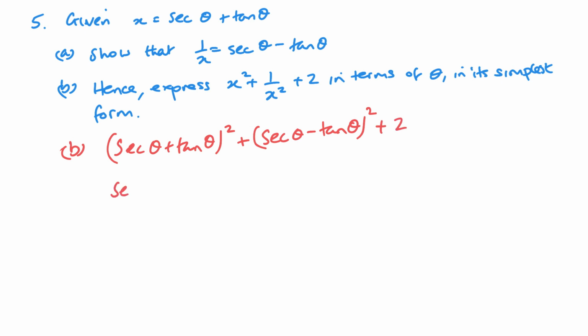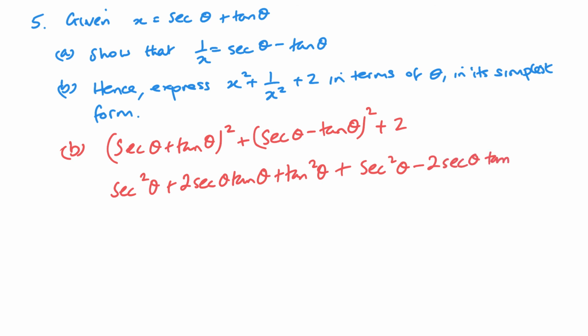So we've got sec squared theta plus 2 sec theta tan theta plus tan squared theta for my first bracket. Then I've got sec squared theta minus 2 sec theta tan theta plus tan squared theta plus 2.